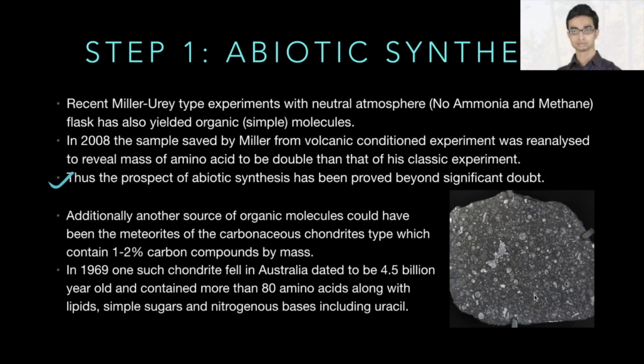Additionally, another source of organic molecules could have been the meteorites of the carbonaceous chondrites type, which contain 1 to 2% carbon compounds by mass. In 1969, one such chondrite fell in Australia, dated to be 4.5 billion years old, and contained more than 80 amino acids along with lipids, simple sugars, and nitrogenous bases, including uracil.